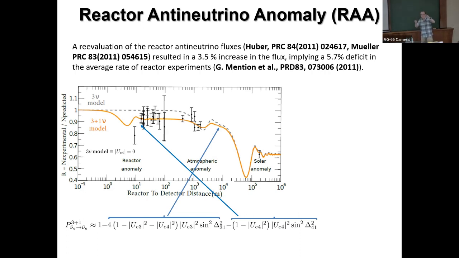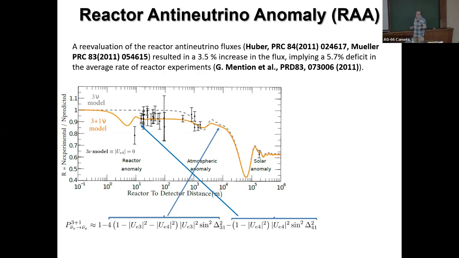So they recalculated, first of all, the theoretical reactor antineutrino flux. They introduced this information and recalculated the rates of reactors, and they obtained a deficit. The data points are here, and this is the probability considering the 3+1 neutrino scheme.